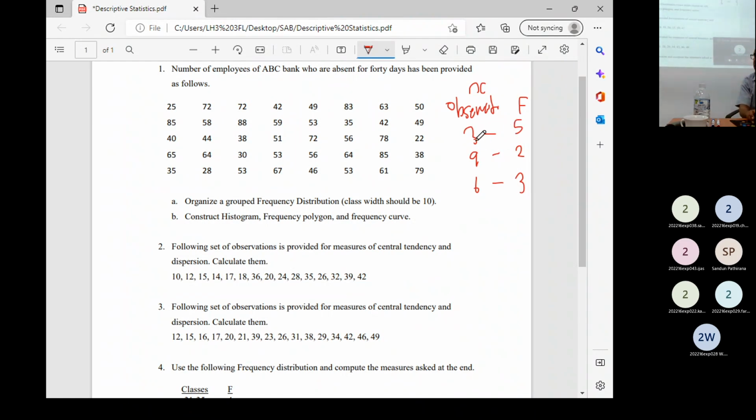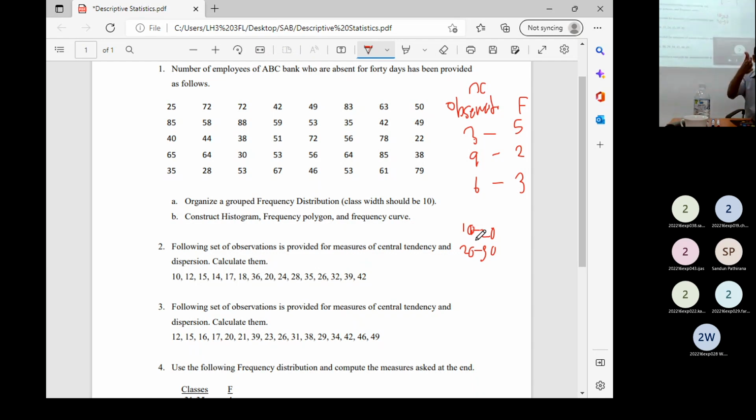This is ungrouped. But group means class range, we take 10 to 20, 20 to 30, like that we use. Then it is group frequency distribution. Many observations are there, but majority are not repeated. Therefore, we take a class range.